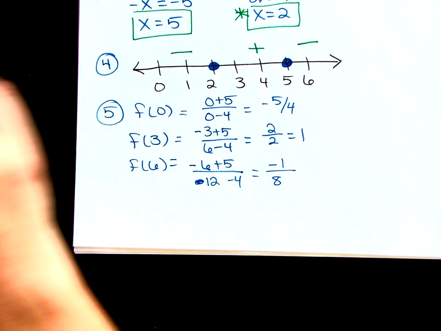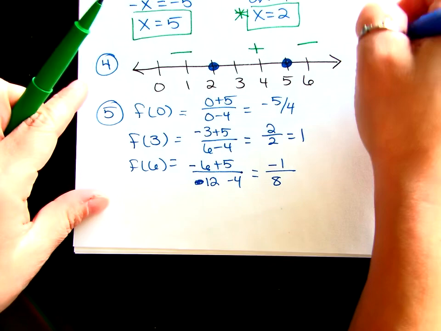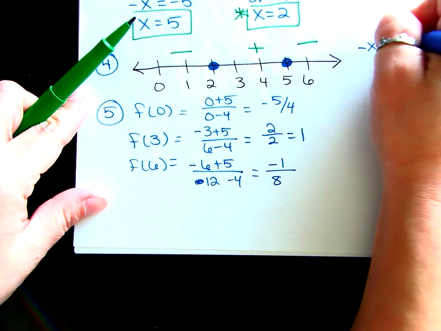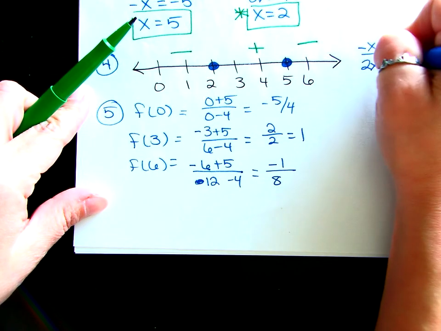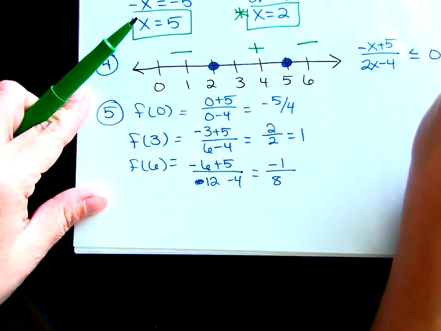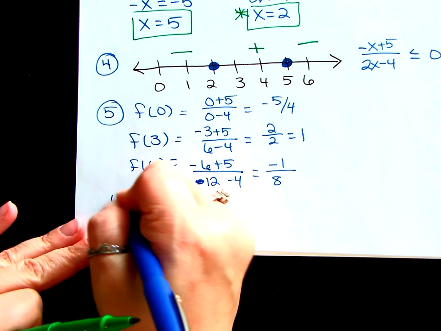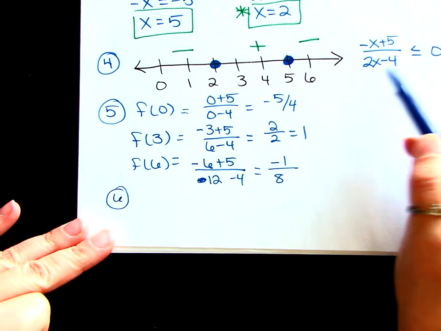Now, remember, what we worked down to was negative x plus 5 all over 2x minus 4 is less than or equal to 0. So, for step 6, I need to find the interval that satisfies this inequality.